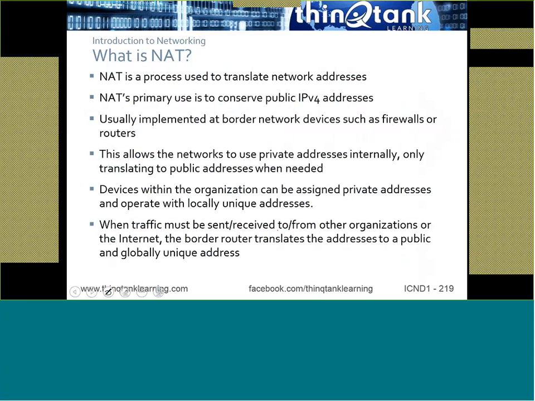All right, we're going to focus primarily on the basic concepts of NAT in this class. We are going to look at some configurations, and we're going to look at some various options for configuring NAT. Our focus is going to be on implementing NAT on a Cisco router, though.